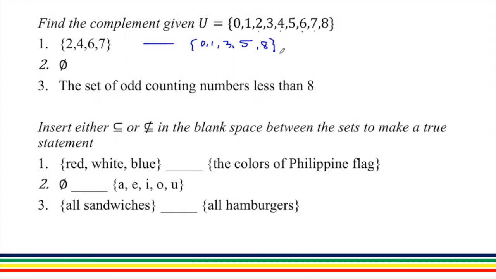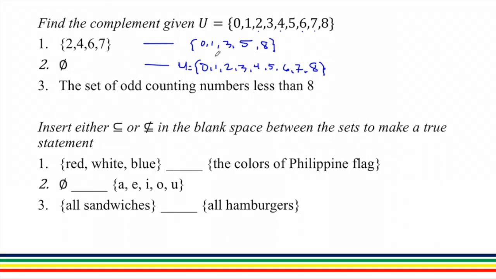How about number 2? It's the null set. So the complement of the null set is the universal set itself, the whole set: 0, 1, 2, 3, 4, 5, 6, 7, and lastly 8.